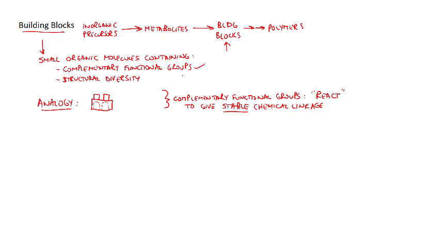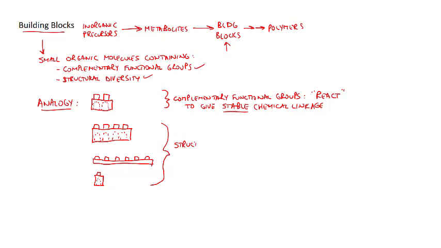All right, so that takes care of the complementary functional groups, but what do we mean by structural diversity? What we mean by that is that our Lego bricks aren't just the little 2x2 square pieces. You've also got the 4x2 square pieces. Or you have the long, super flat ones. And you even have the little single pieces. This is our structural diversity.